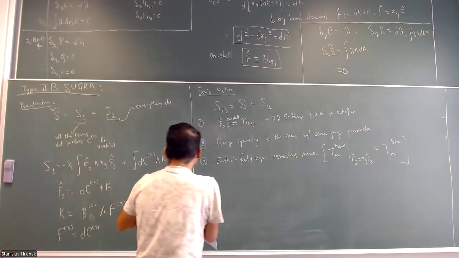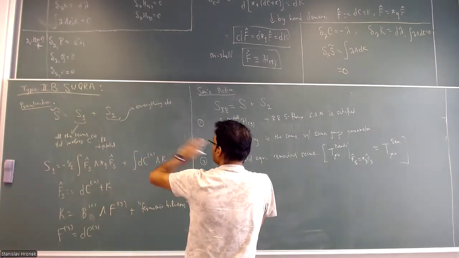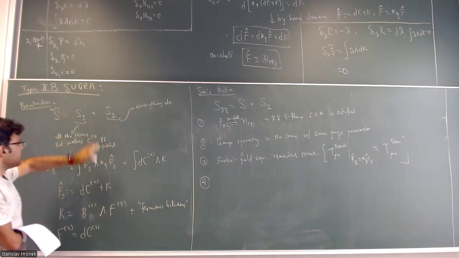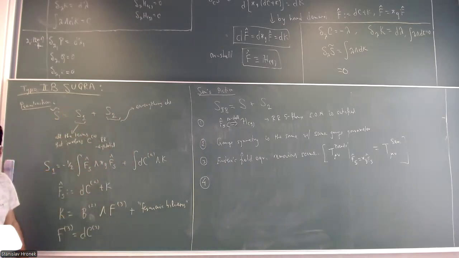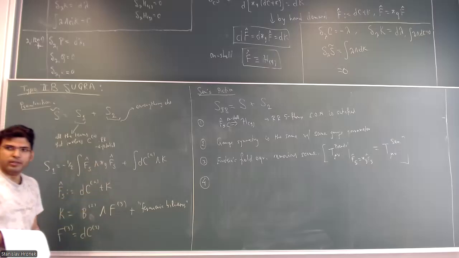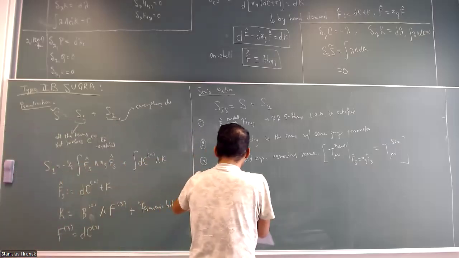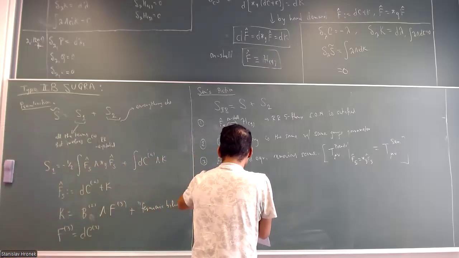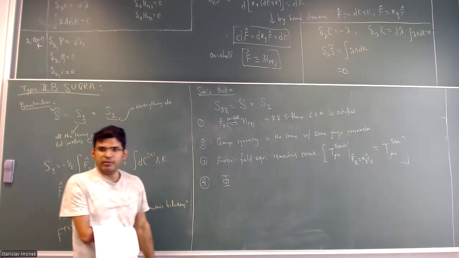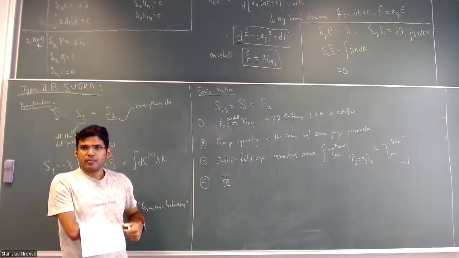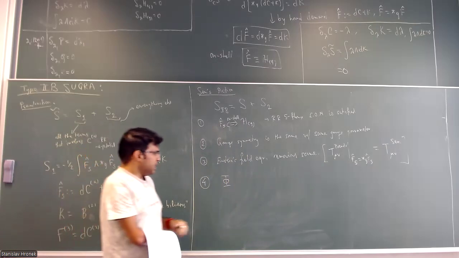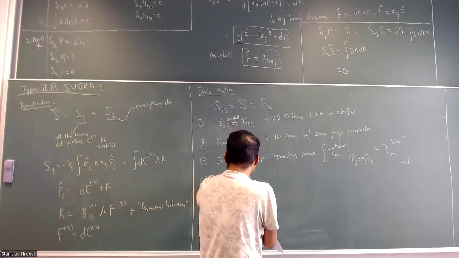So let's call every other field that is there in this action, except for the Ramond-Ramond field, every other field in the spectrum, let's call them some sort of capital phi, just collectively. Now, there are going to be two types of capital phi.